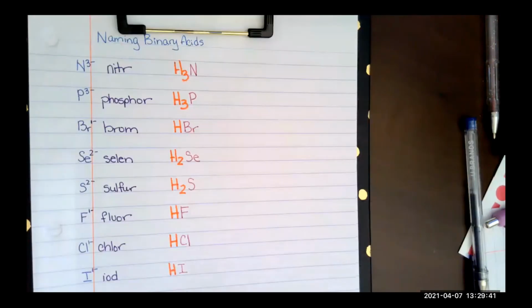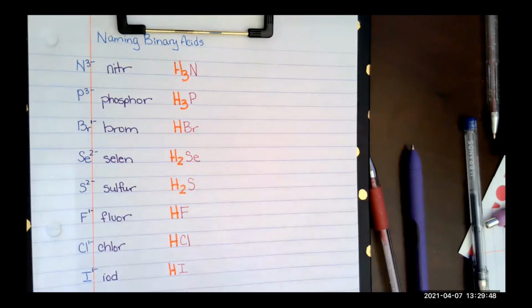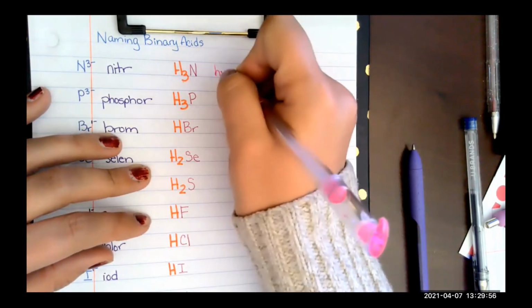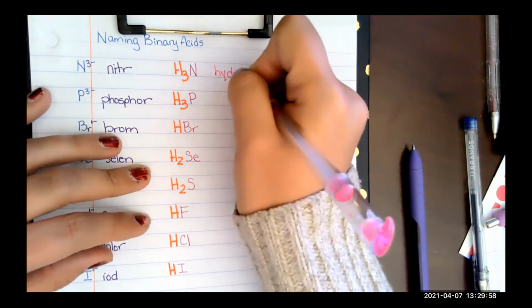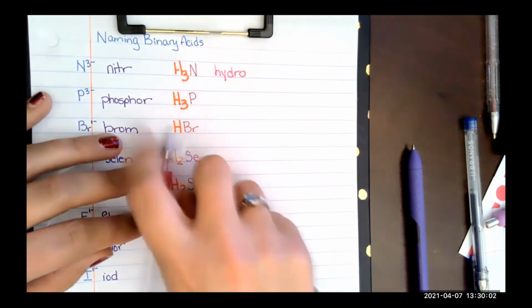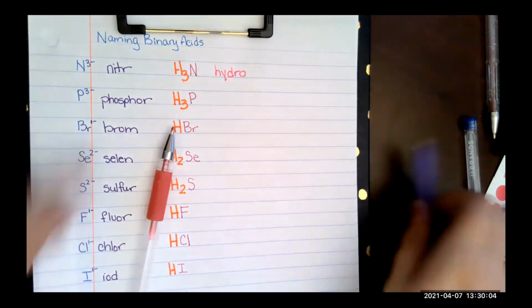Okay, so let's now talk about how we're going to name binary acids. Binary acids have very easy naming, but they're specific. So every binary acid starts with hydro. That's HYDRO. Hydro is only for binary acids. Then after hydro, in the same word, you put the root.